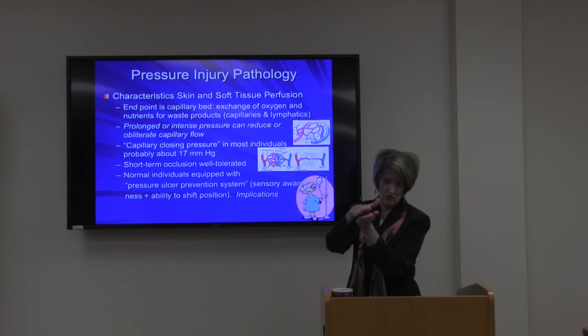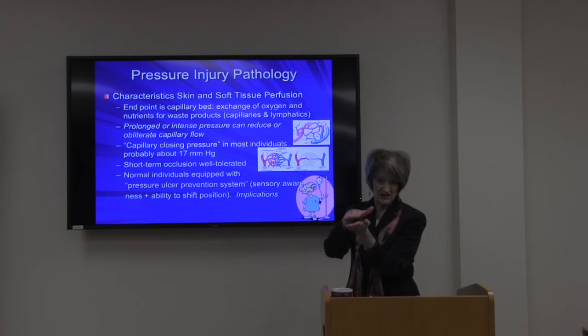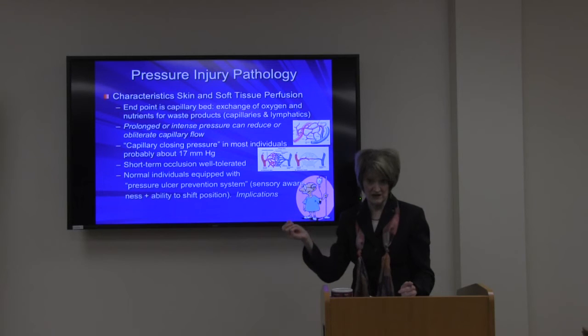The capillary is still partially open, some blood's getting through, but not as much as normal. So it's like taking 2 to 3 lanes out of a 4-lane highway. So yes, some blood's getting through, some oxygen's getting through, but remember what's happening. Diminished perfusion, progressive oxygen debt, progressive ischemia.